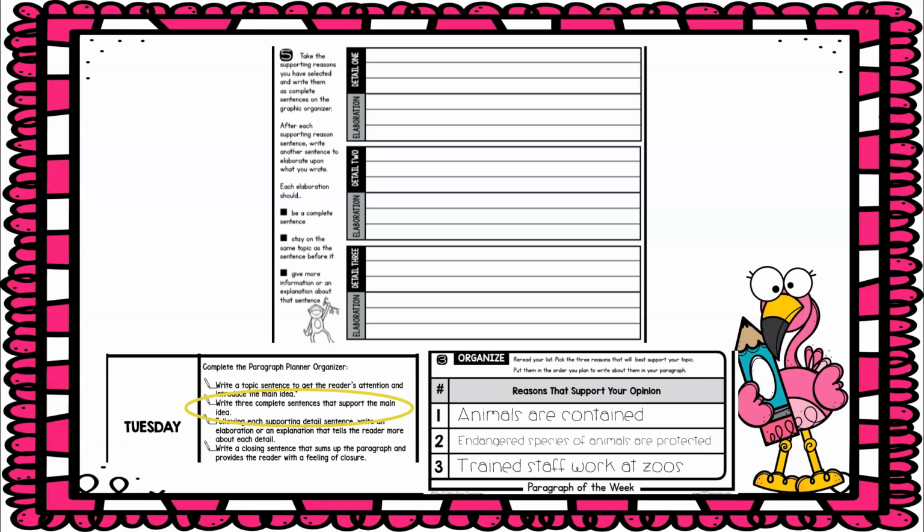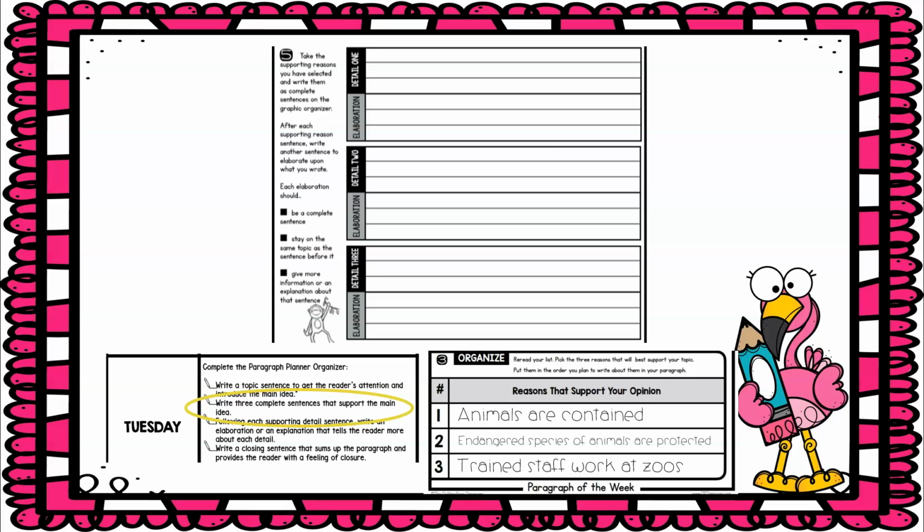The first idea said animals are contained, and I now know I can turn that into a complete sentence. Remember, a complete sentence should start with a capital letter, have at least one subject, at least one predicate, and end with punctuation. In this paragraph specifically, we also need to make sure that the sentence supports my opinion that animals should be kept in zoos.